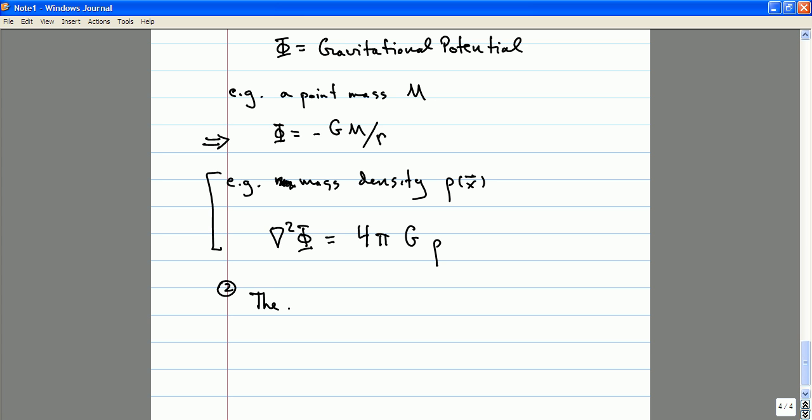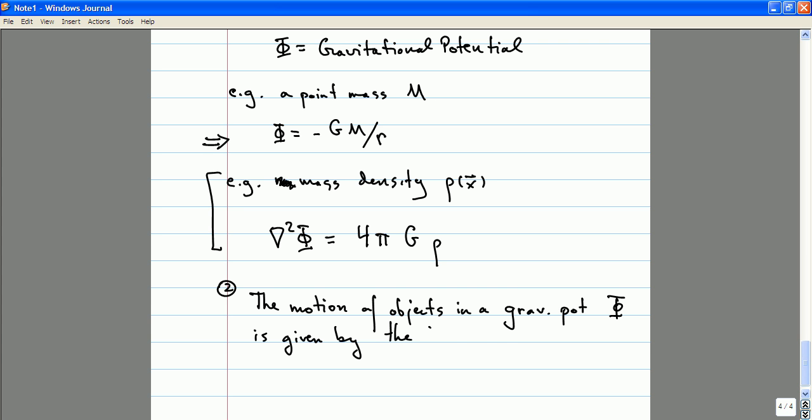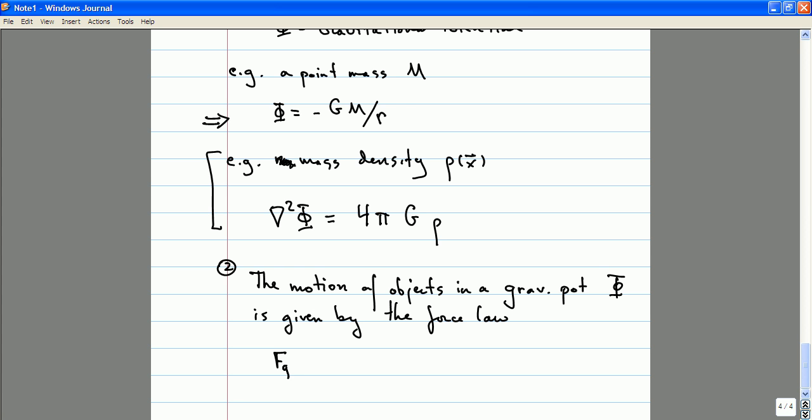So in particular, the motion of objects in a gravitational potential, phi, is given by a force law which says that the gravitational force on an object is minus the mass of the object times the gradient of the gravitational potential.